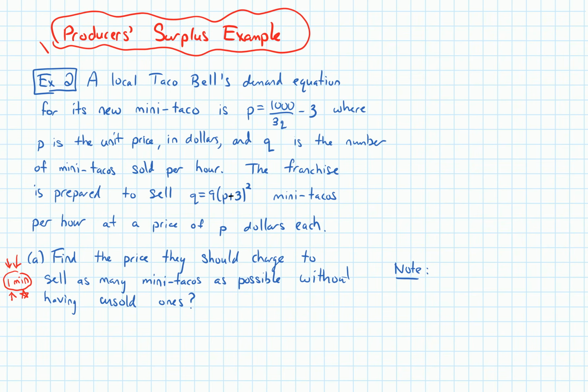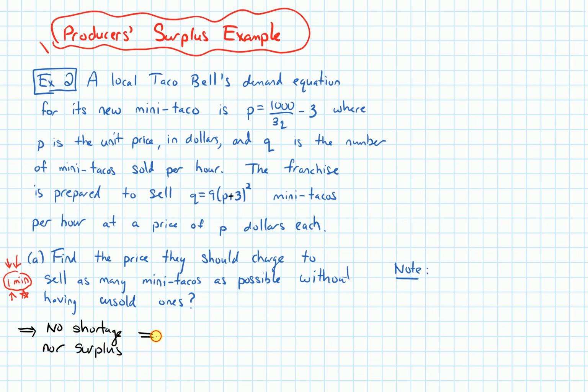All right, so hopefully you did that. What this is saying is that they don't want to run out of tacos on one hand, so they don't want a shortage. But they don't want to have tacos that just didn't sell, unsold ones, so they don't want a surplus either.